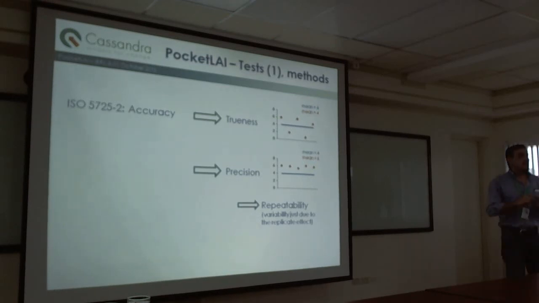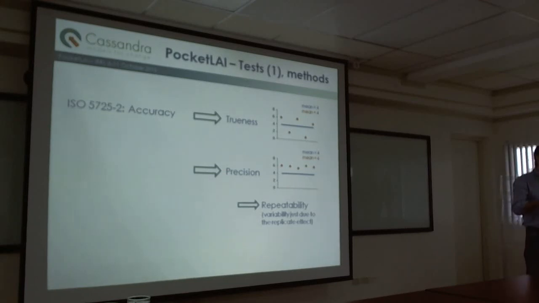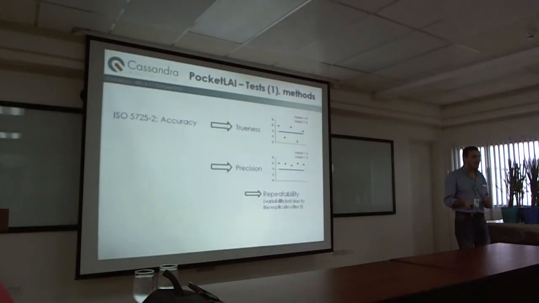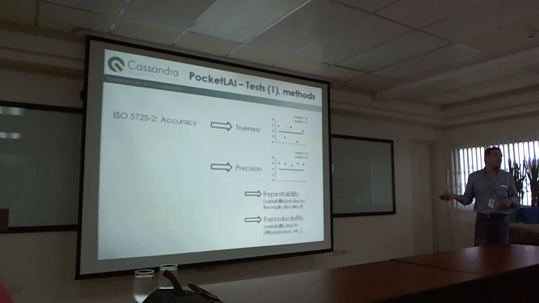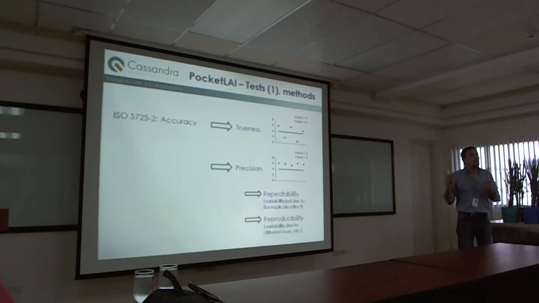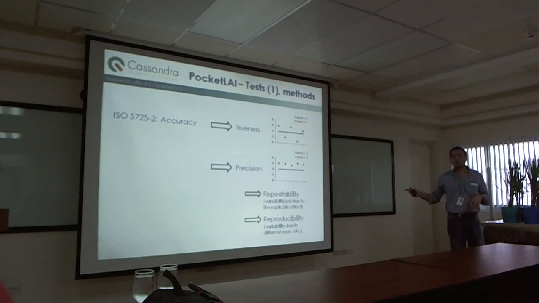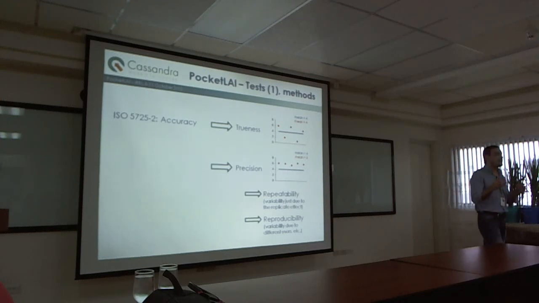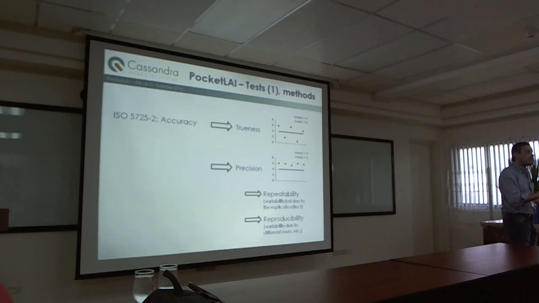Repeatability describes the variability among the values of the replicates performed by me under this condition, at the same time, using the same instrument, and so on. So this is the repeatability. And then there is the reproducibility, which describes the variability among replicates performed at different moments, by different persons, and so on. Okay?